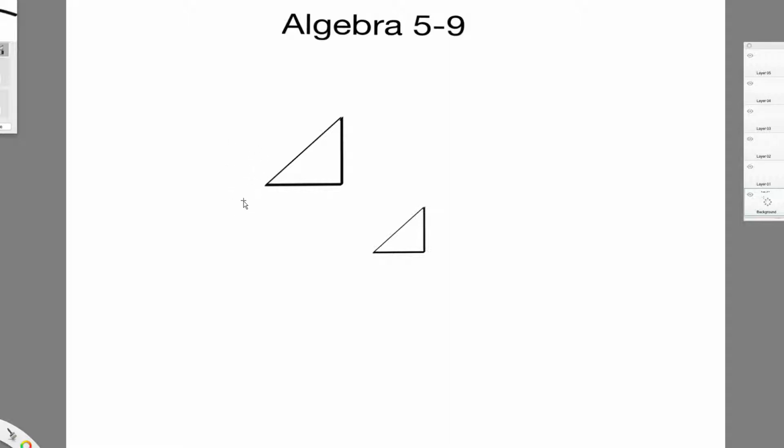So if I have two triangles that are similar, and I'm going to go ahead and label these, it's good to put some kind of lettering on the vertices so that we know what's what here. And we're going to make this a right angle here.